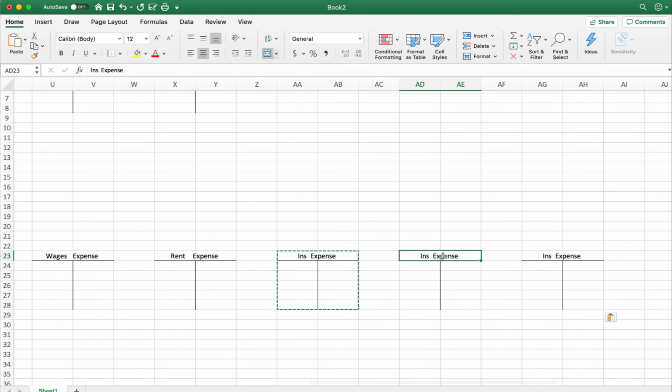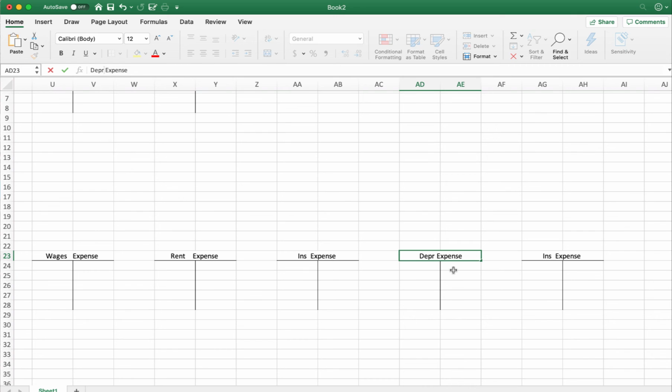Okay, so in the real world, we're just going to have one depreciation expense account. We will have a number of accumulated depreciation accounts based on the number of property, plant, and equipment that we have. But depreciation expense, we only need one. And anytime we book depreciation, we're always going to debit depreciation expense. The credit will have to go to accumulated depreciation. But again, there will be a number of accumulated depreciation accounts depending on what assets we have.